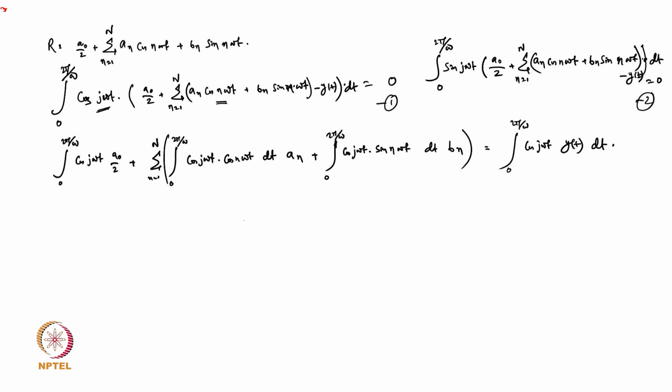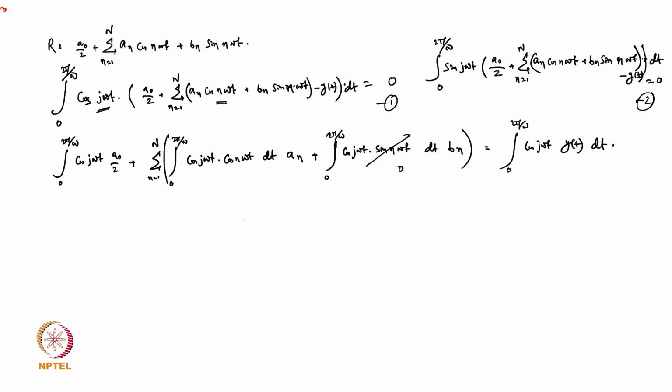Now if you see, this part is always 0, because cos of j omega t into sine of n omega t, whatever cos with sine, always becomes 0.